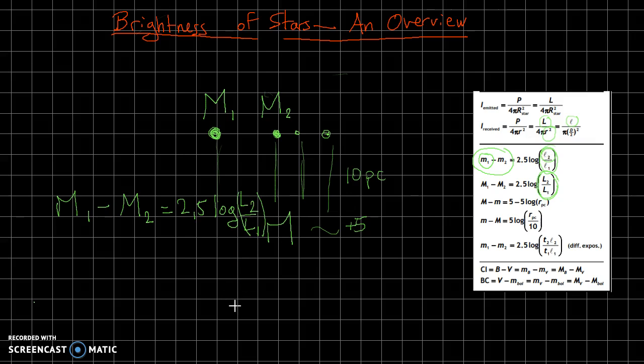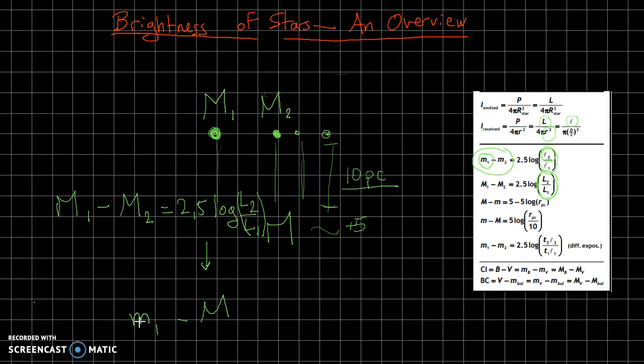And we can go one step further and incorporate the distance of a star to its magnitude. So the apparent magnitude of a star measures its brightness, and it depends on the distance of the star, while the absolute magnitude of a star measures the brightness with the distance fixed at a standard value of 10 parsec.